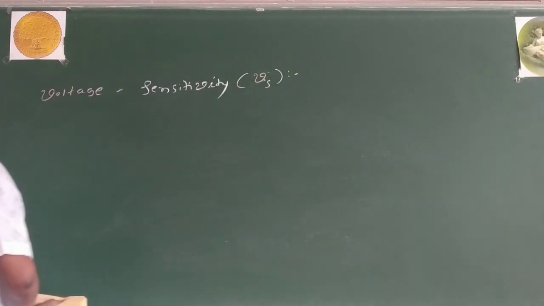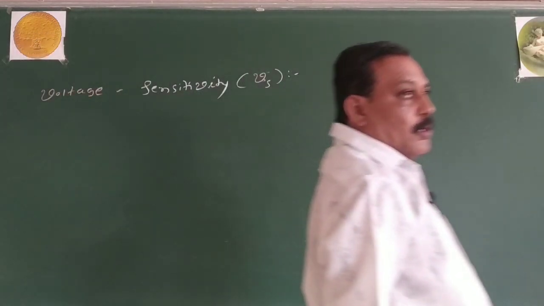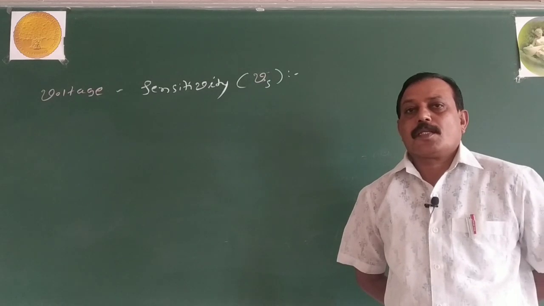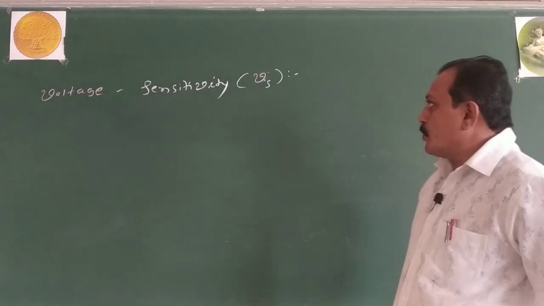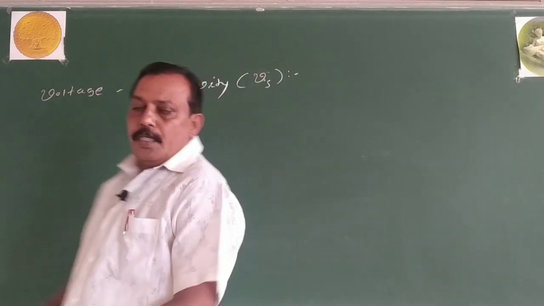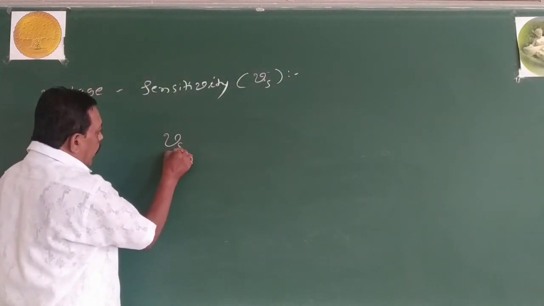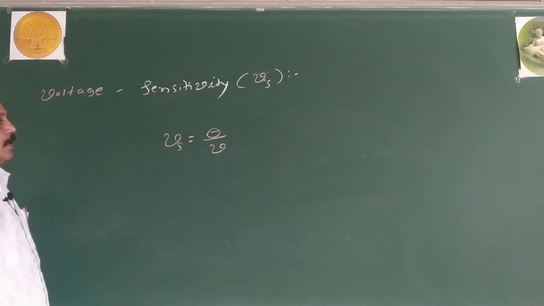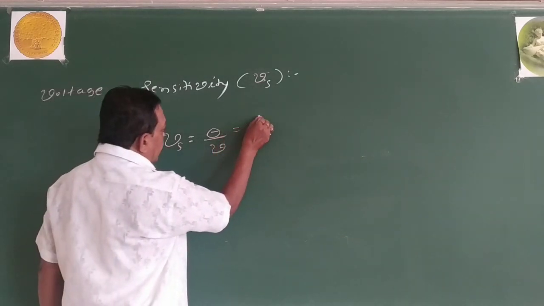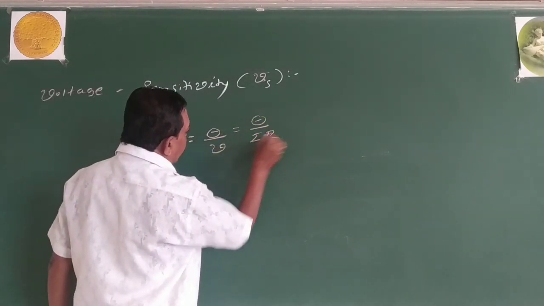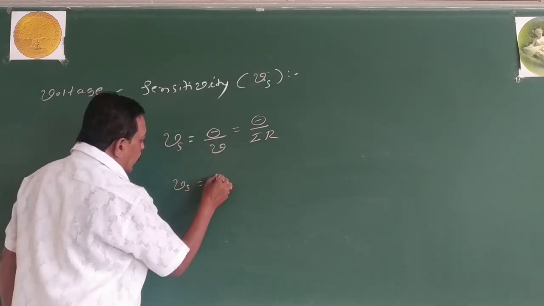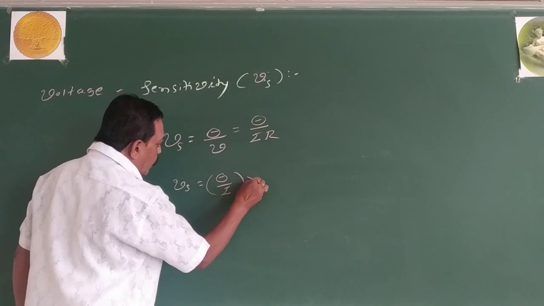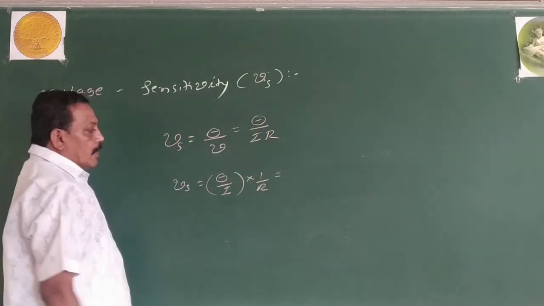The voltage sensitivity of a moving coil galvanometer is defined as the deflection per unit voltage. The voltage sensitivity is given by the deflection produced per unit voltage, theta by V. Then for theta by V, V equals I into R, so theta by V equals theta by I times 1 by R. Theta by I is nothing but the current sensitivity.